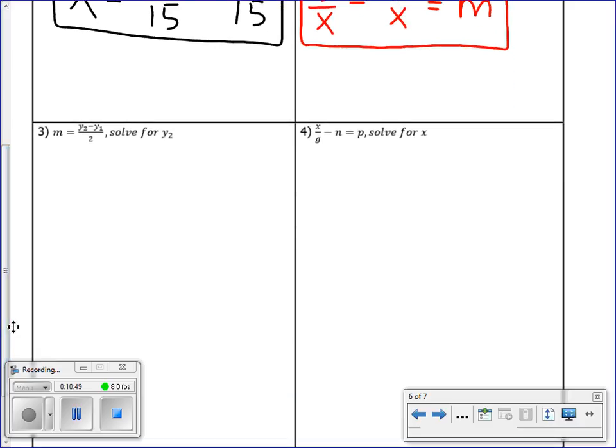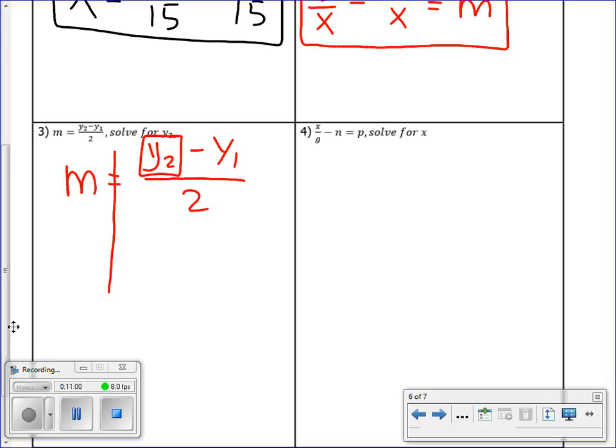For number 3, we have m equals y2 minus y1 over 2. Put a box around y2, draw a line down my equal sign. This time I have a fraction, so I'm going to multiply both sides by 2. And when I do that on the left, I get 2m equals y2 minus y1. The 2's on the right cancel.